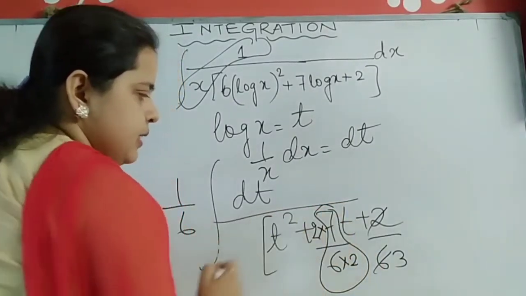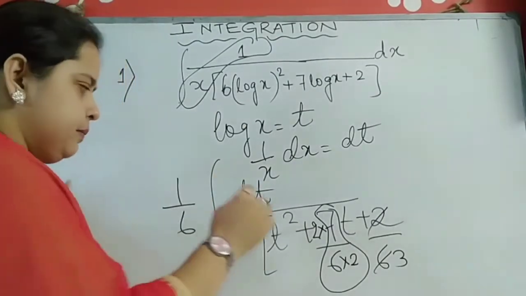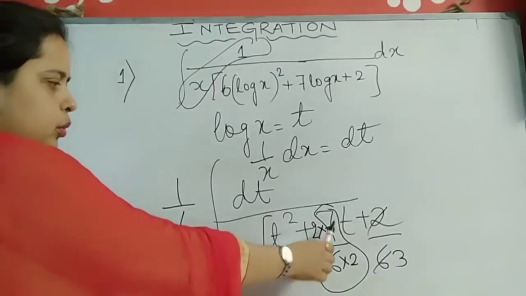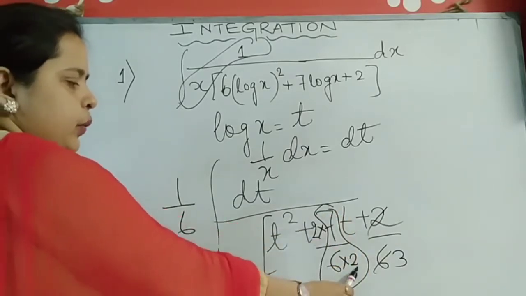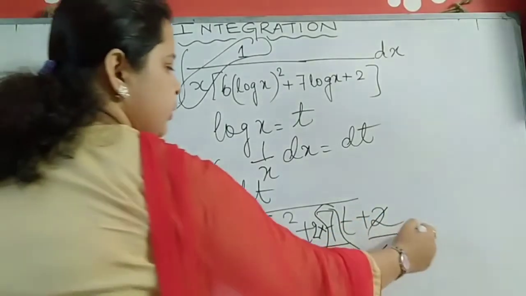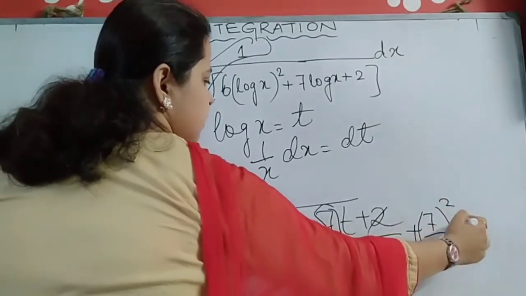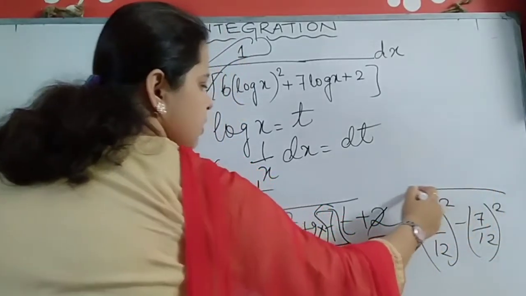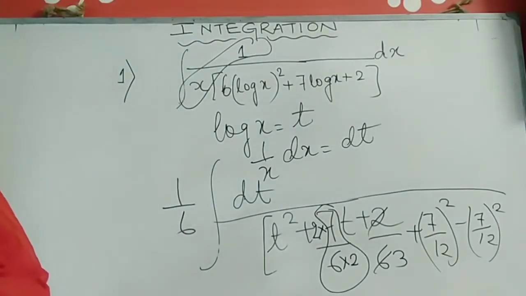What am I doing? Consider 2ab. It is there in your mind. So a square is there, and 2ab. The b part is how much? 7 by 12, isn't it? I'm going to add 7 by 12 whole square, and I'm going to subtract another 7 by 12 whole square.